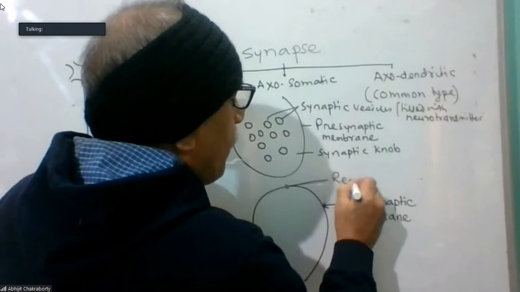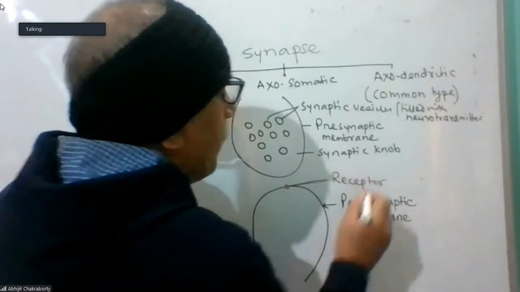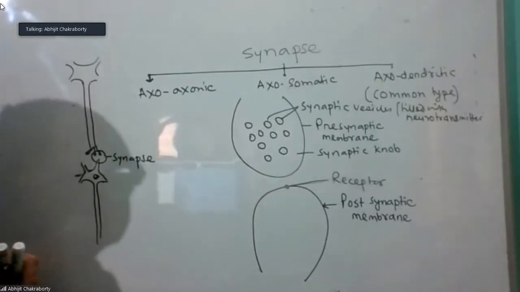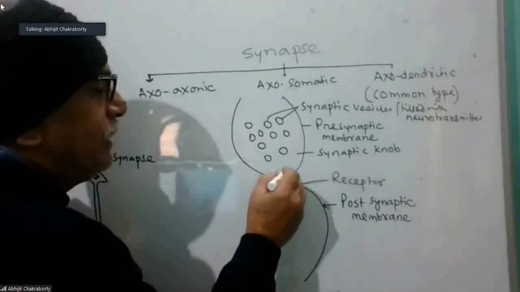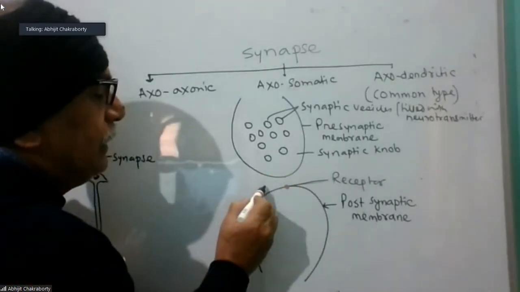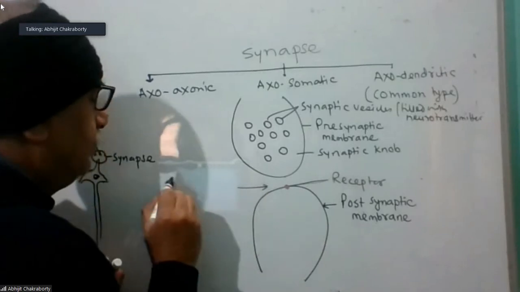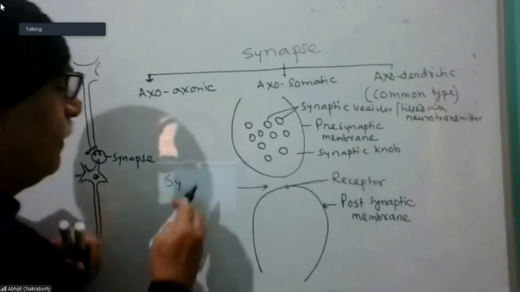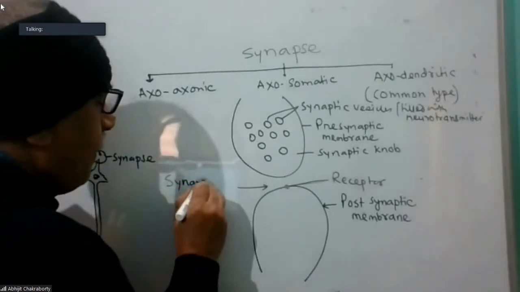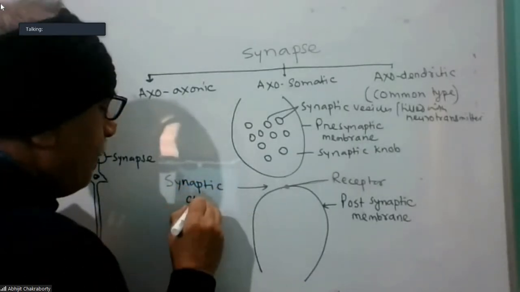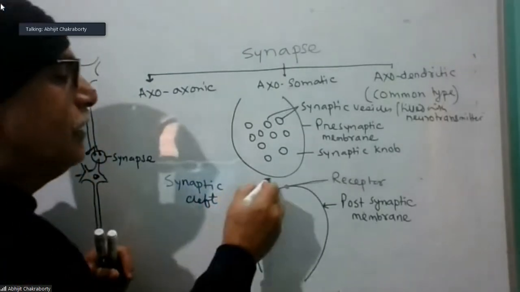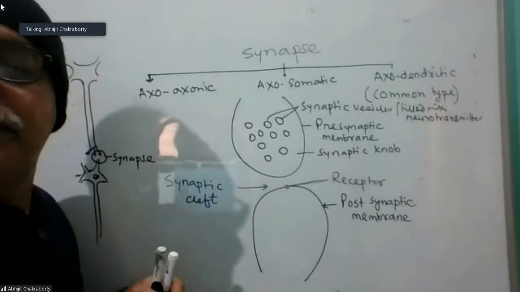There is actually a fluid-filled space between two neurons. This fluid-filled space is called the synaptic cleft. Different ions are found to be present here.